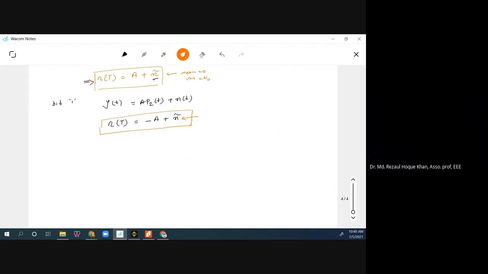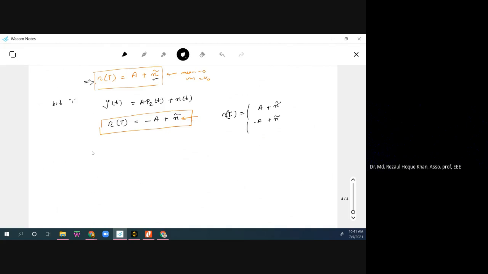So we can write that R(T) has two values: A plus n tilde and minus A plus n tilde, for 0 and 1.